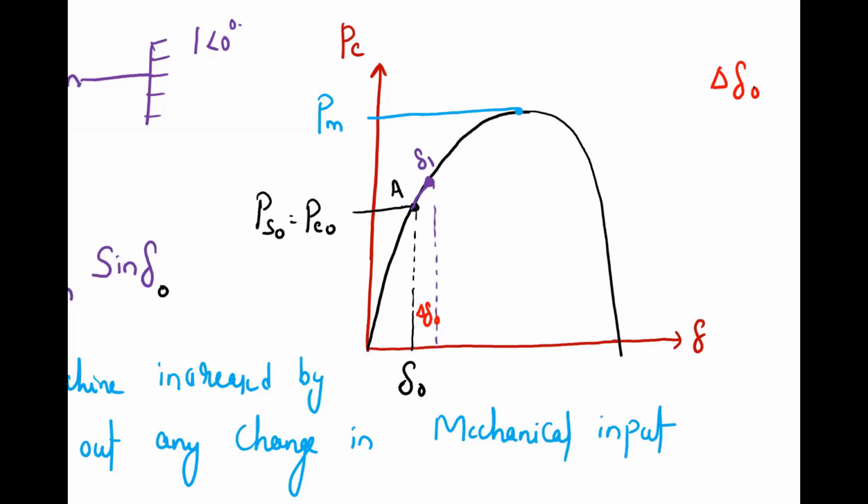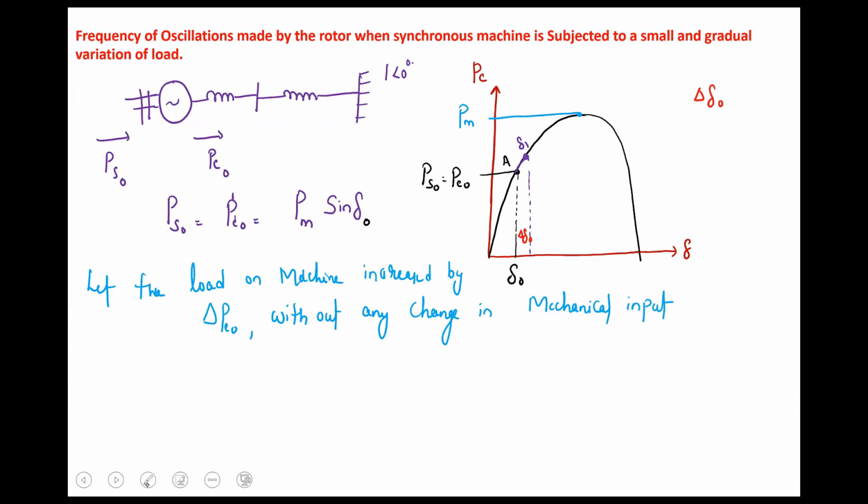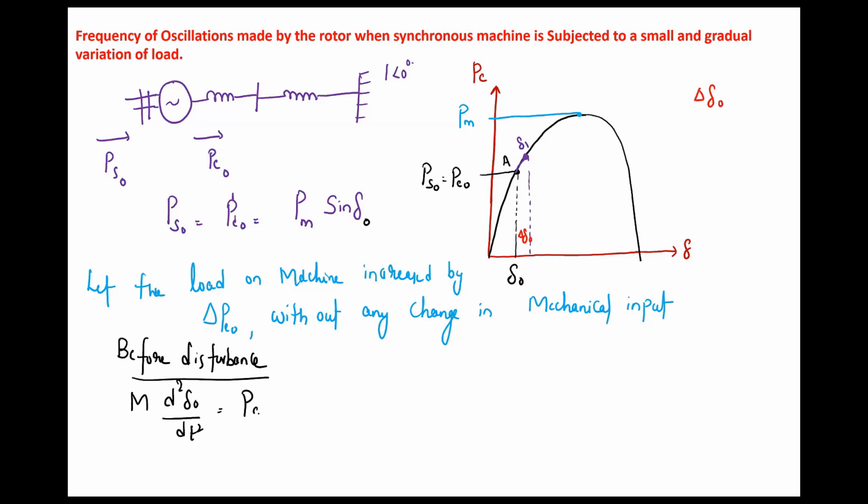So now, before disturbance, what is my swing equation? M into d square delta naught by dt square is equal to PA.